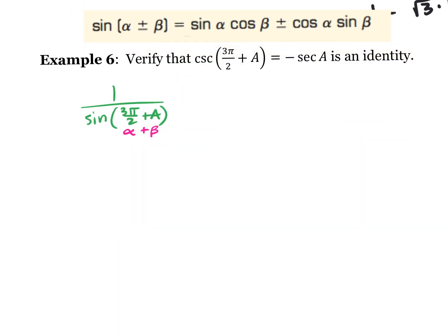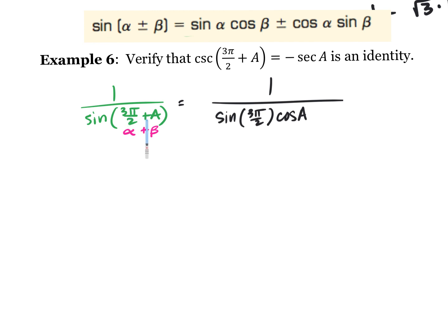Here's our equation. Let's just work on this left side. We'd have 1 over. Don't forget to keep that 1 alive. What are we going to put first if my alpha is 3 pi over 2? Sine of 3 pi over 2, cosine of a. That's all we can do.